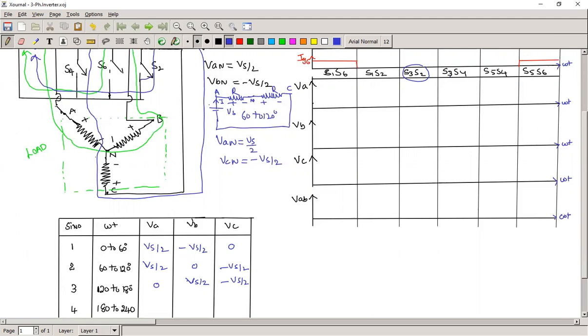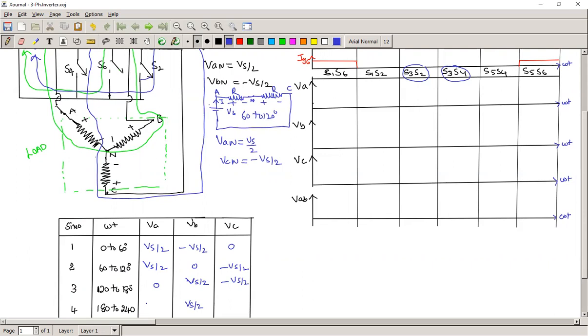Now if we come to S3 and S4, here S3, S4 is conducting. Again the B phase is getting the positive voltage, Vs by 2. S4 is conducting means, see here, negative.